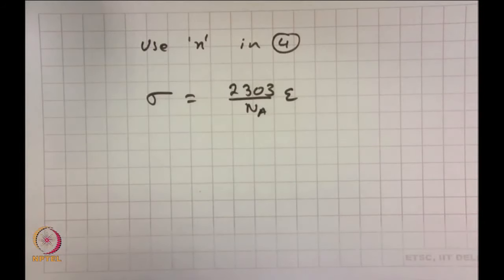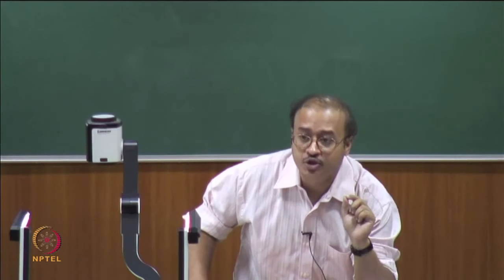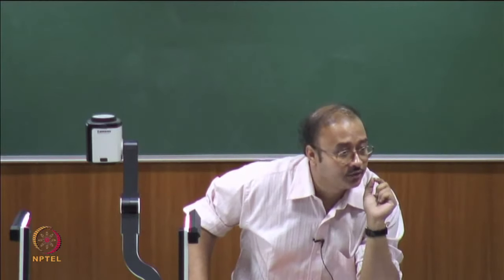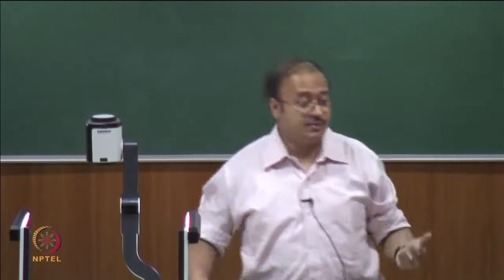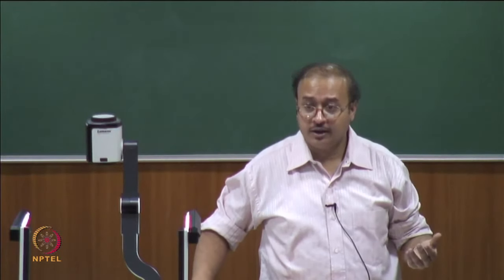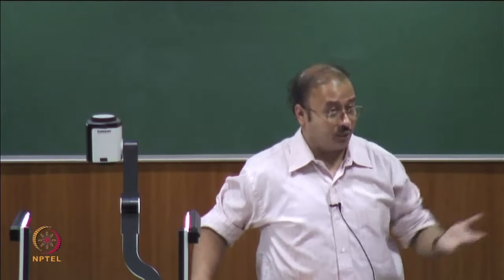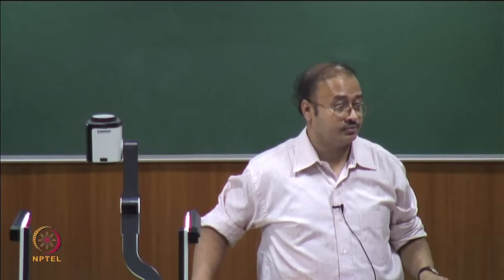So, what you are looking at is a relation between something fundamental you always know, which is the extinction coefficient or the absorption coefficient from Beer's law, to something which you probably have not realized before, which is the cross section area of absorption of that molecule. Okay.